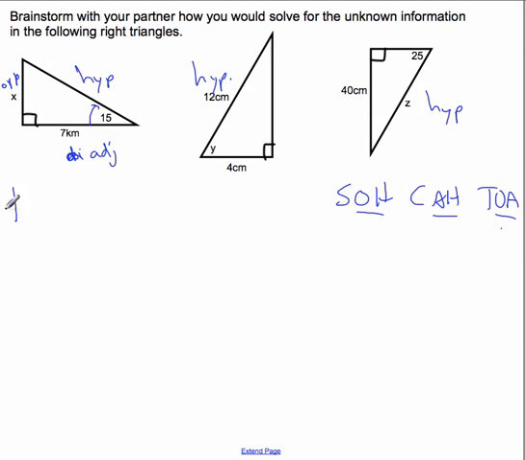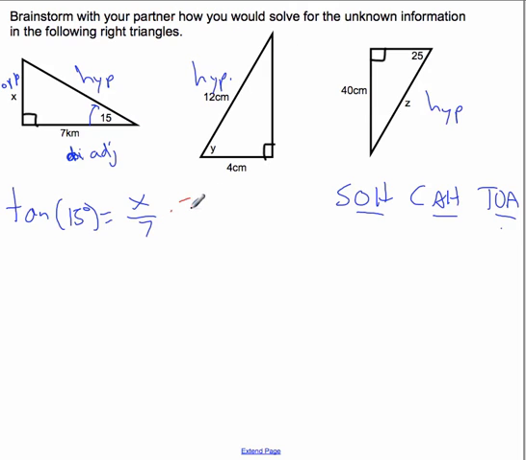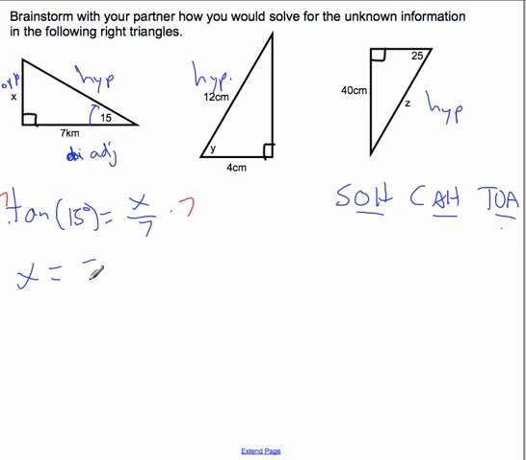So I'll set the ratio, tan of 15 degrees equals x out of 7. Then you just need to solve for x. I'll multiply by 7, and you get x equals 7 tan 15 degrees.